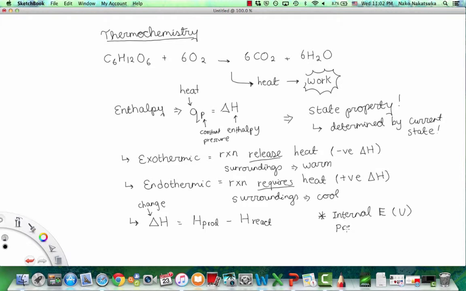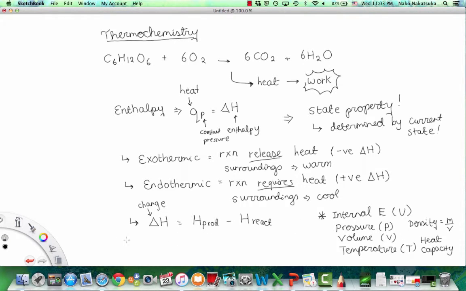Also pressure, volume, temperature, density, which remember is mass over volume, and also heat capacity, which again we'll talk about in greater detail later, so don't worry about it just yet. I just wanted to show you a list of other state properties.